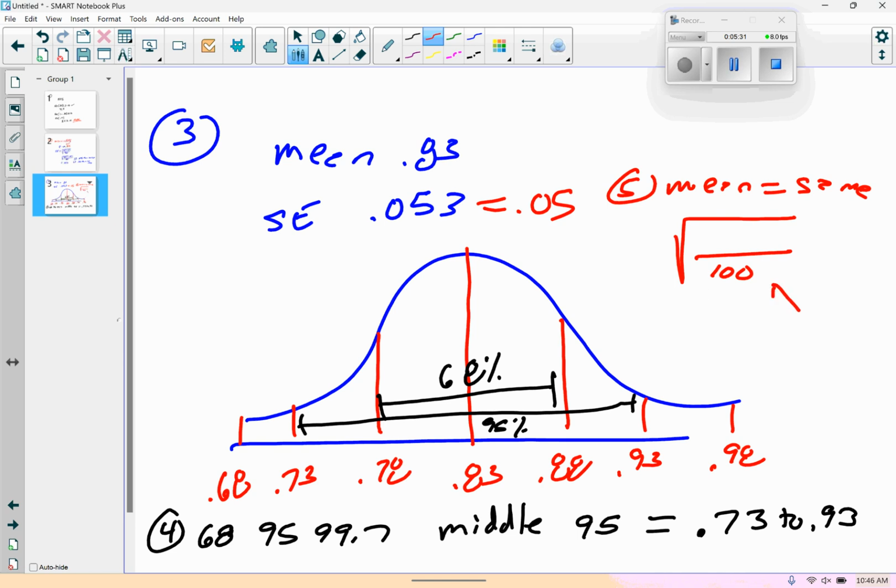So this means that our standard error gets smaller. So we start approaching the parameter that we think it's at, but we don't know for sure what it's at. All right. We good so far? Any questions there?